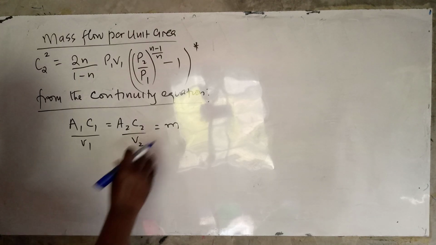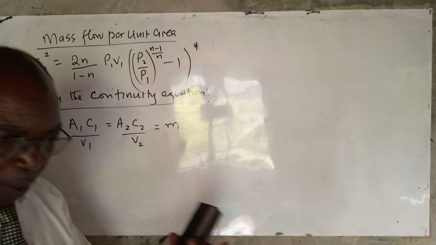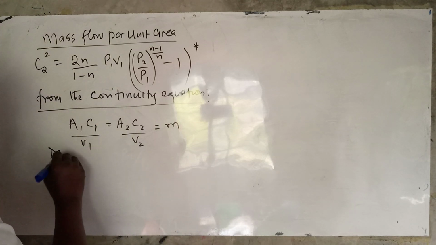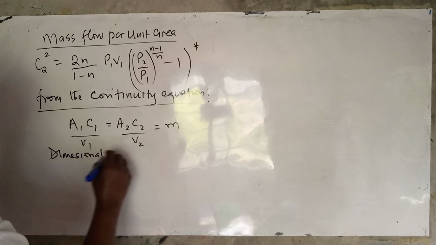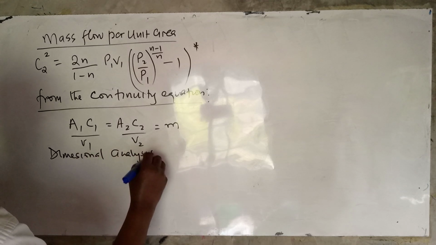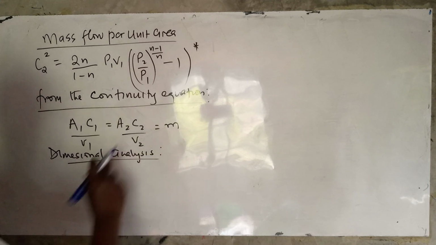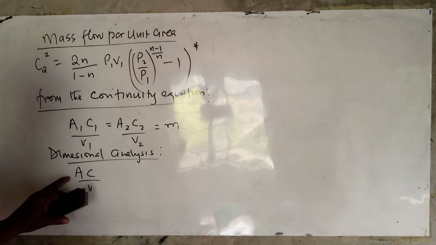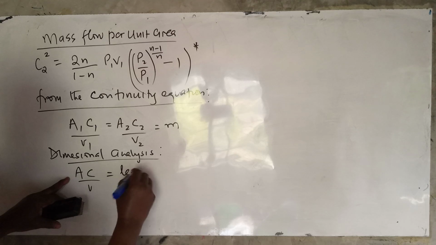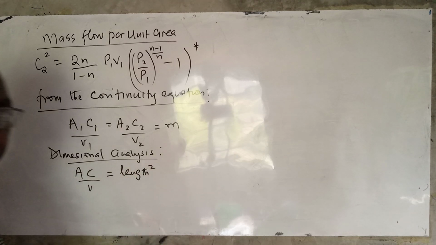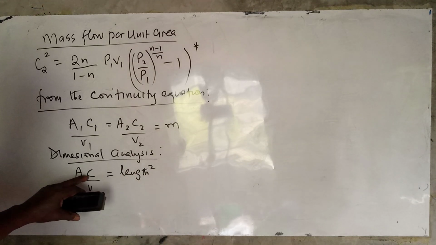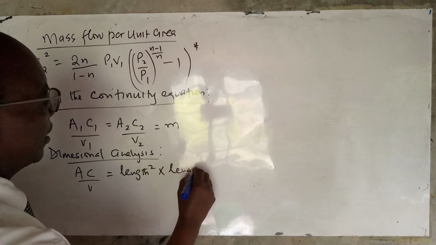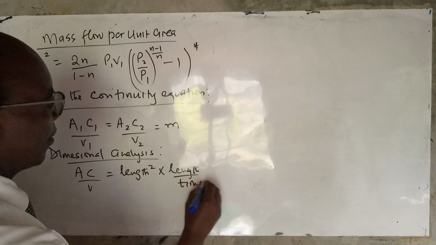Let's just look at dimensional analysis, to make sure that you are in line with what we are talking about. Let's do some dimensional analysis on this expression, just basically using the dimensions. We have A C over V. A is like length squared. C we have said is velocity, so multiplying by velocity, that's length over time.